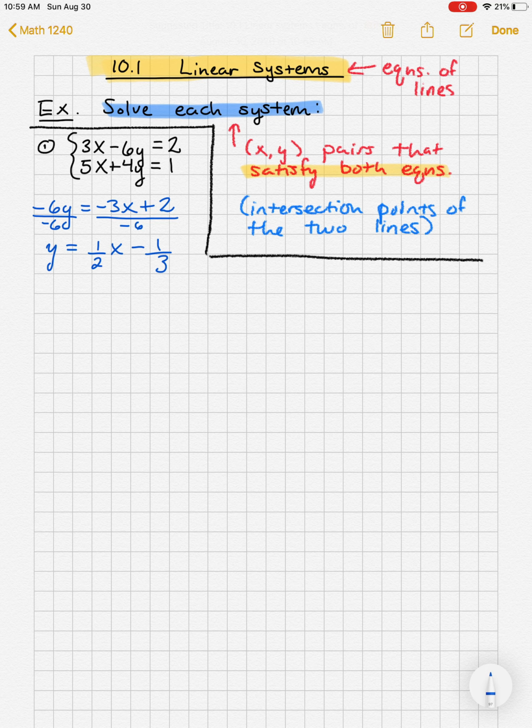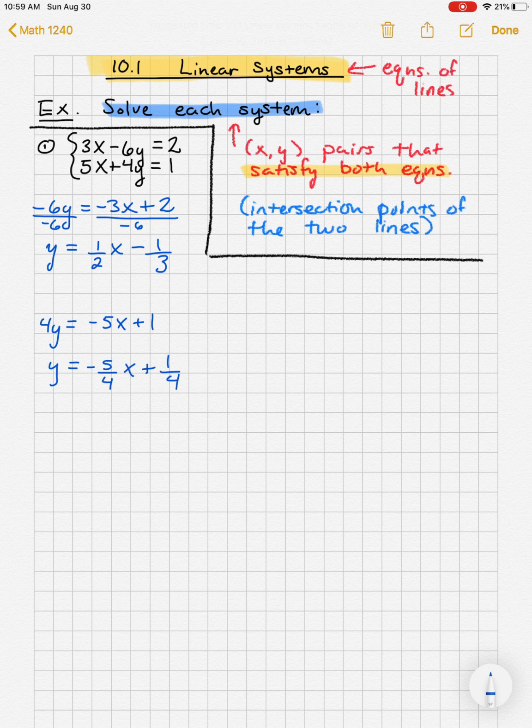Okay, let me look at the bottom one. Divide by 4. So there are my two equations.